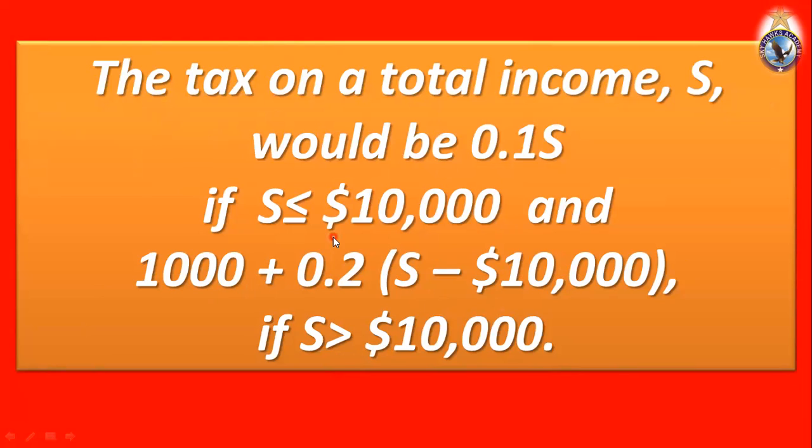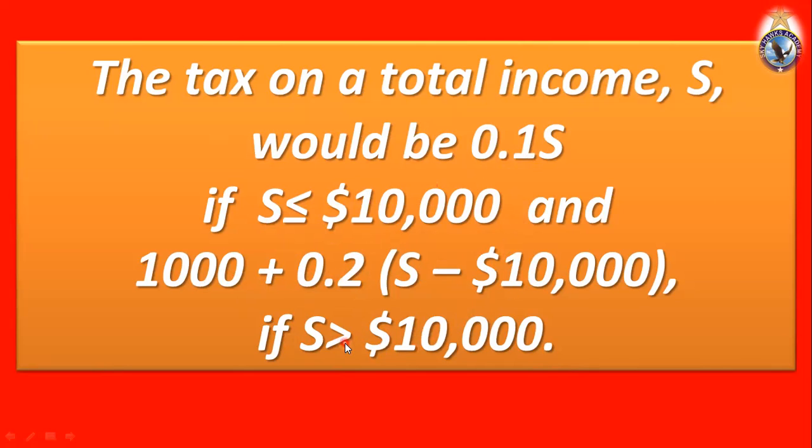So if you are retaining this either less or equal to this, you will have to get this simple calculation. What I mean to say, 10,000 plus 0.2, and if you have an additional amount, this will be calculated in this way, that 0.2 and here 0.1, 10% and 20%.